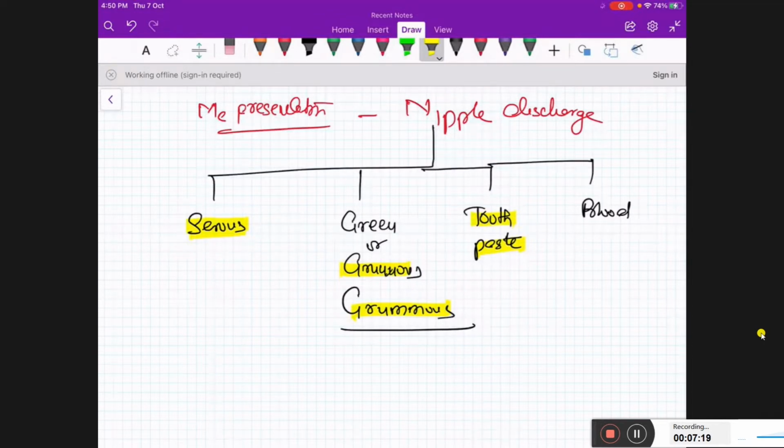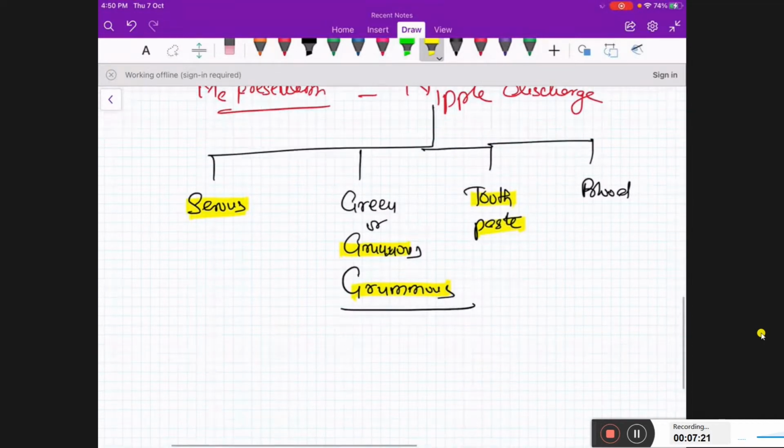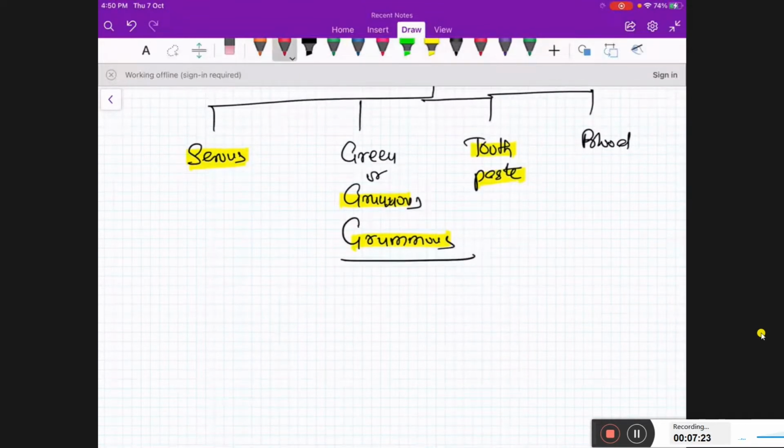Now, a patient who has a discharge coming out from the nipple can also develop inflammation around the nipple. What will that be called?